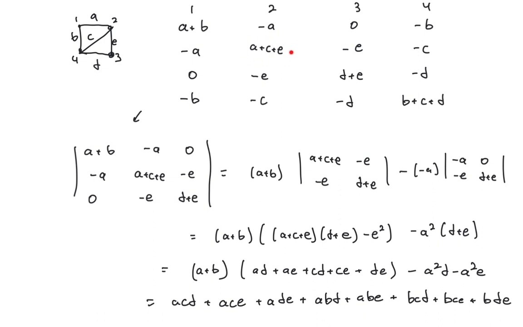Here you put every edge incident to 2, a plus c plus e. Everything incident to 3, so d and e, and so on. And then off the diagonals, if i is adjacent to j, like 1 is adjacent to 2, you put negative the variable name for the corresponding edge, which in this case is a. And so you get this symmetric matrix.